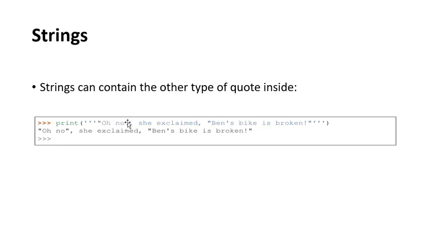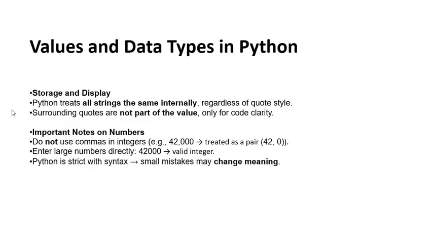Inside that again double quotes. You can see multiple quotes here. That's why a string can contain the other type of quote inside. Got it? Here the output is, oh no, she exclaimed, Ben's bike is broken. Got it? And the next concept is values and data types in Python.